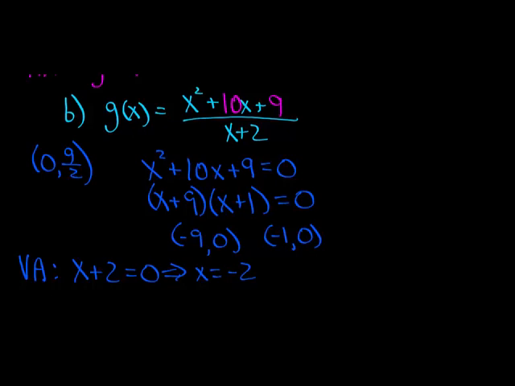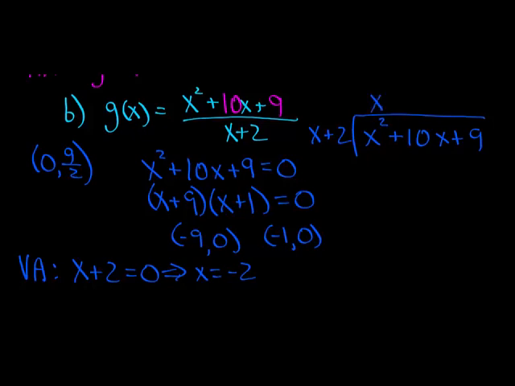And because the degree on the top is bigger than the degree of the bottom, we know it's not going to be horizontal. It's going to be a non-horizontal asymptote. So what I'm going to do is divide. And the idea here is, well, I'll show you. After we divide, I'll show you what's going on. So we have x plus 2 into this x squared plus 10x plus 9.